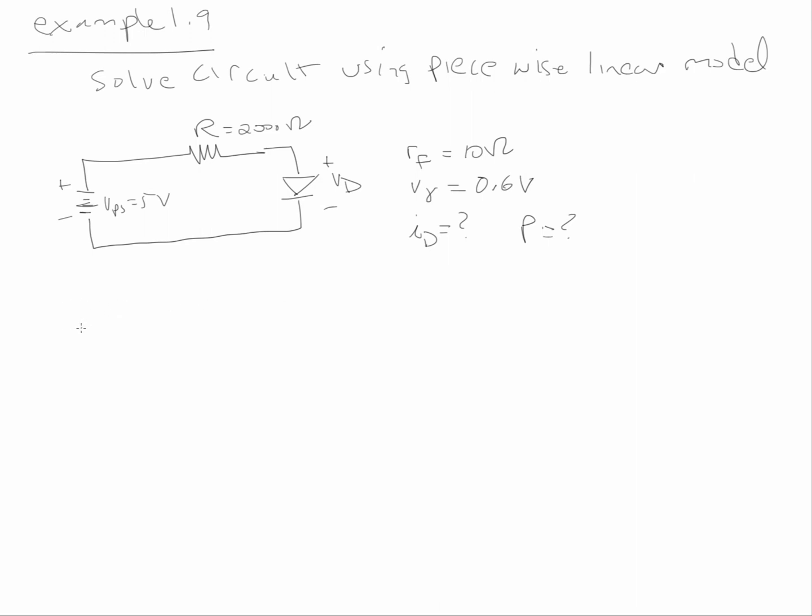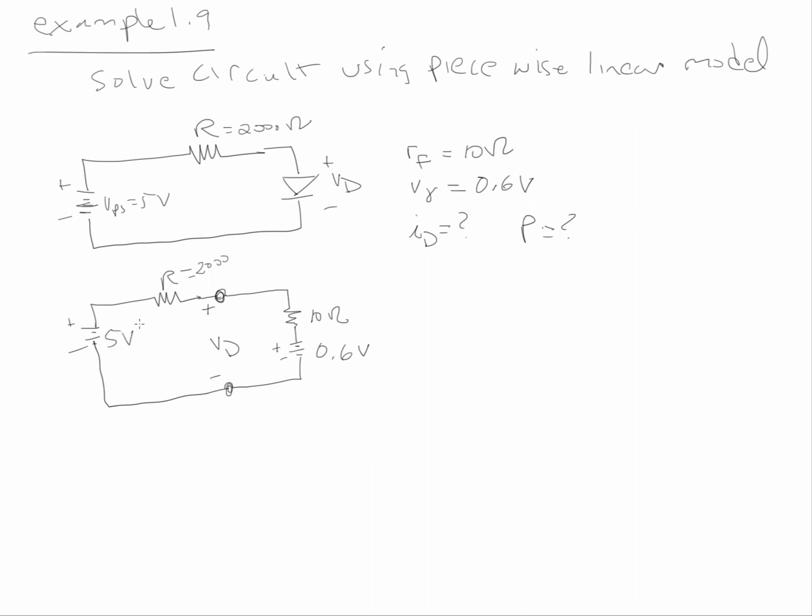Okay, so we're going to change it to our piecewise linear model. We have our resistor, our voltage, and so we'll go plus, minus, this is VD, and this was 2,000, they told us this was 10 ohms, and this was 0.6 volts, and this was 5 volts.